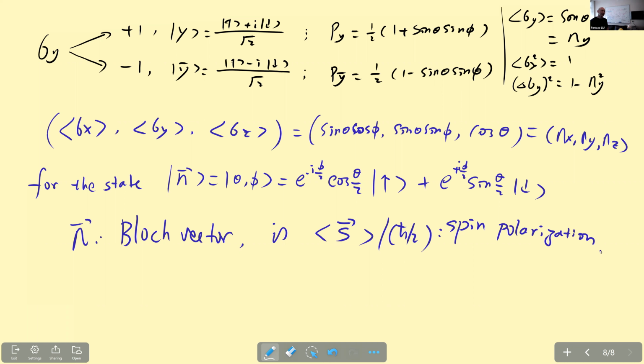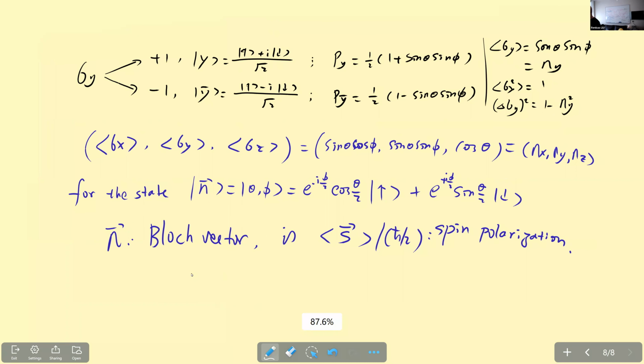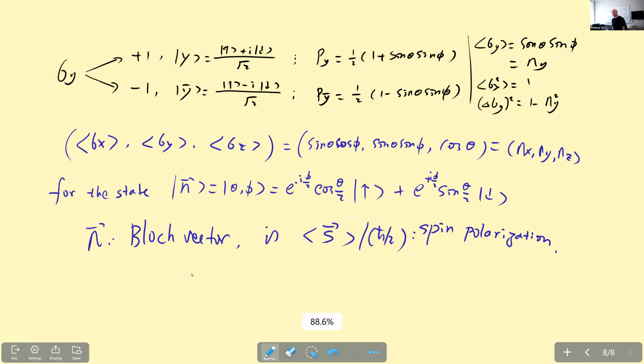So basically, it's just the direction of this spin, right? So this state now finally has a very straightforward physical meaning. That means if you measure this spin along any direction, and do this many times, and then look at the average, the average will give us the spin polarization along the direction that is the same as this Bloch vector, which gives us the Euler angles theta phi, which give us the specific form of this wave function.